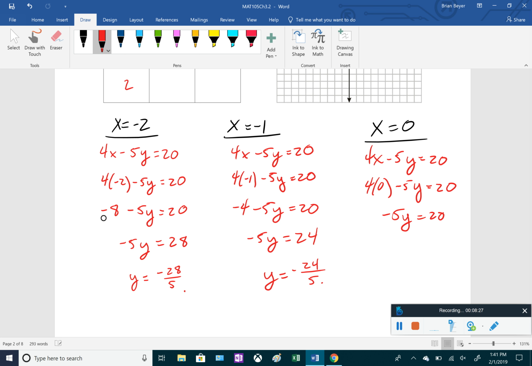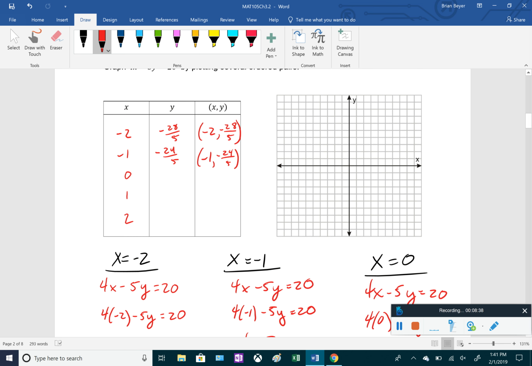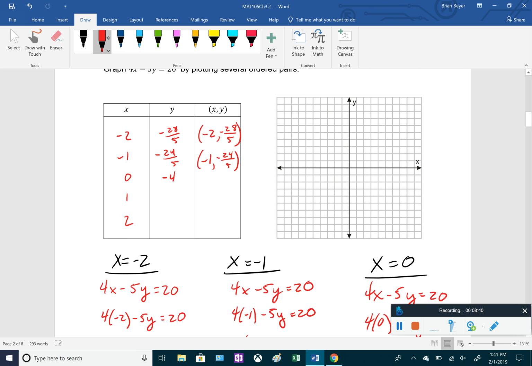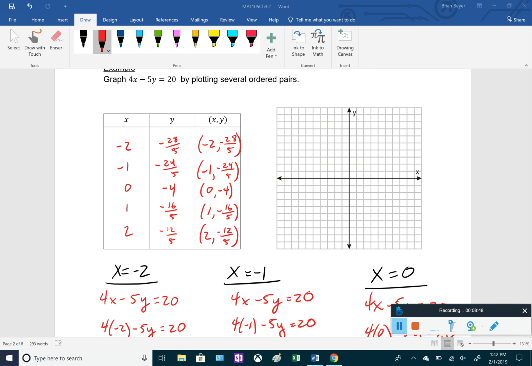Divide both sides by -5. 20 divided by -5 is -4. So that's going to be the y coordinate for 0. Gives us an xy coordinate of 0, comma -4. Okay, so I'm just going to fill in the other ones real quick, and we'll end up with those last two xy coordinates.